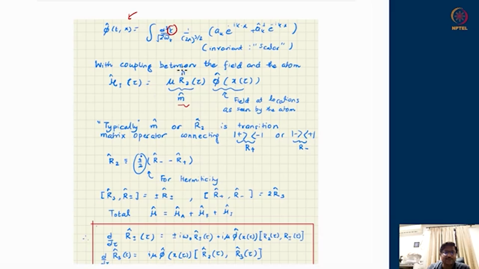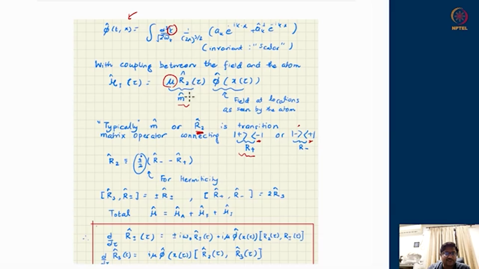So this monopole operator we have seen before. I am just writing it with some parameter mu times some operator. So this operator R2 typically is a transition matrix operator. That means only off diagonal elements survive. Its decomposition is such that in the eigenbasis of the free Hamiltonian, R plus is a raising operator in some sense, that it takes the ground state and projects it to the excited state, while R minus is the inverse of that, which takes the excited state and projects it back into the ground state.